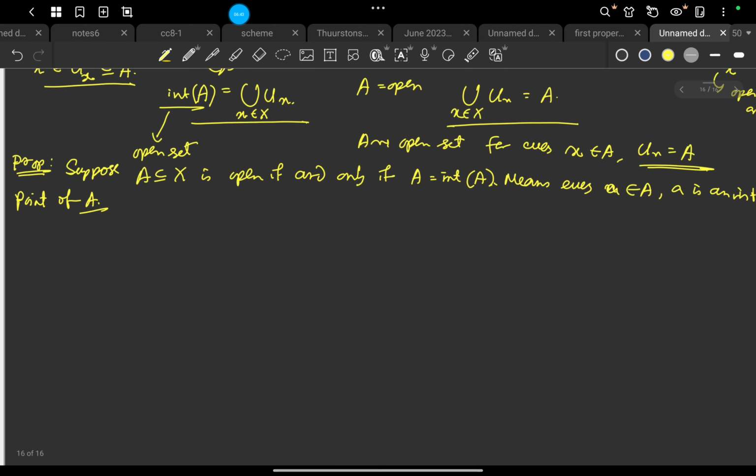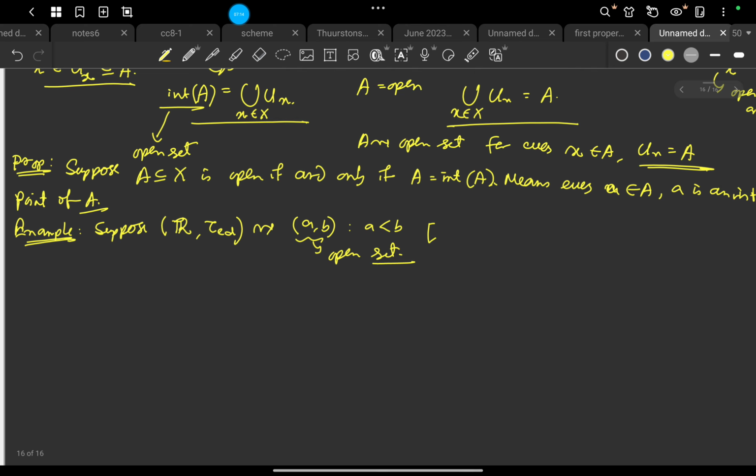Alright, so for example, suppose we have the set of all real numbers with the normal Euclidean topology, then every interval (a, b) such that a is strictly less than b is an open set, right?